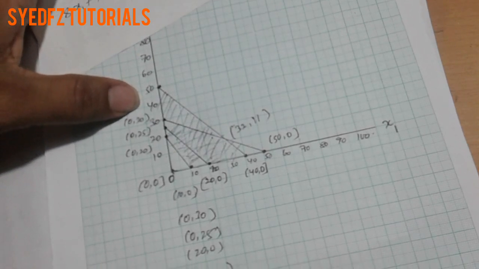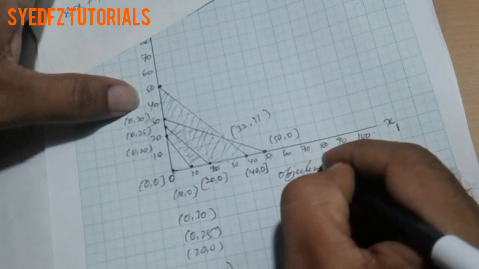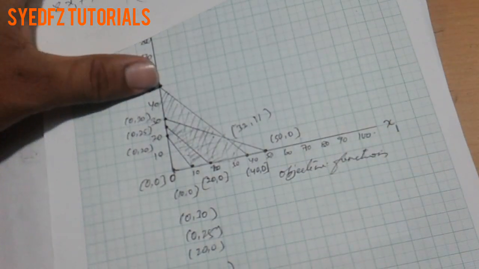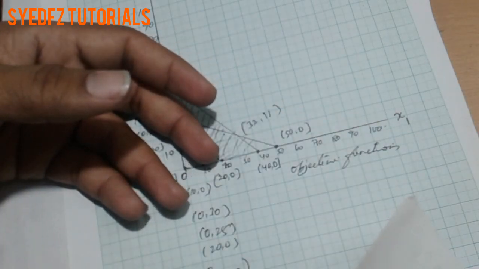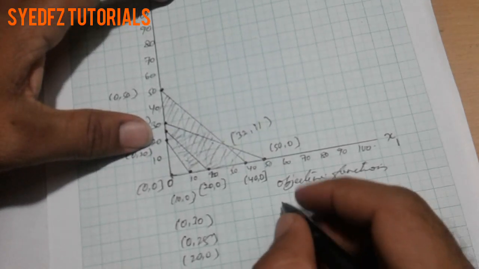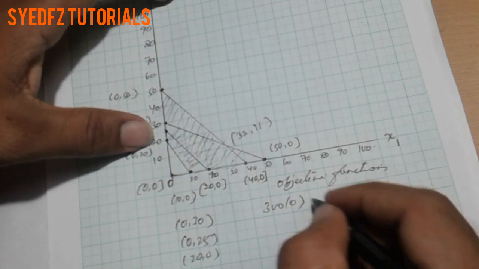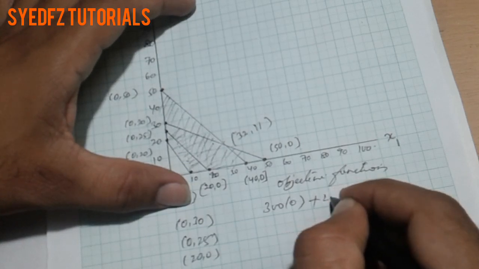What we have to do is insert the objective function. What is the objective function in this problem? $300 and $400. Here 300x plus 400y.